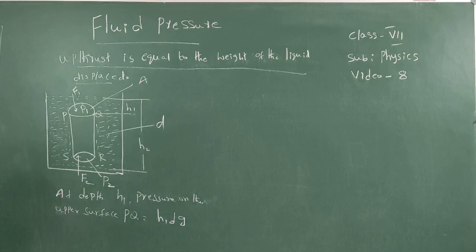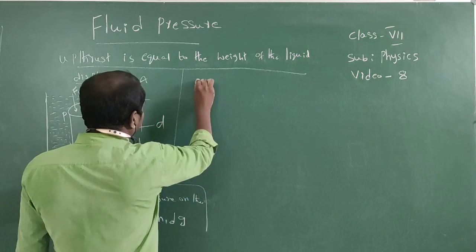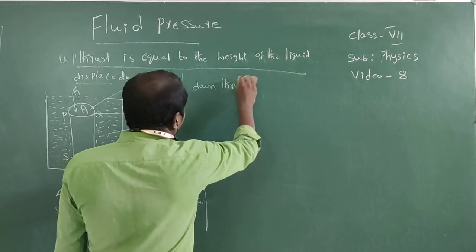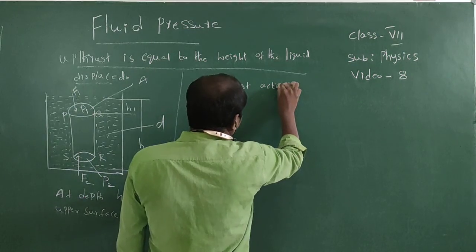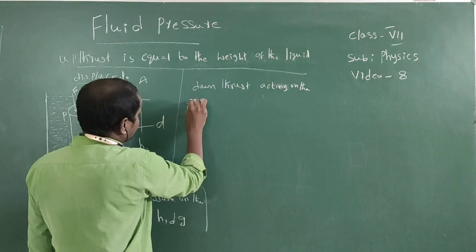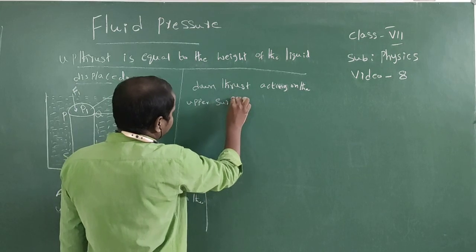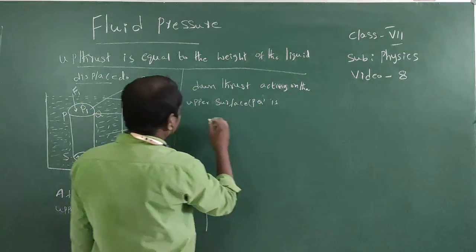Now the downward thrust acting on the upper surface PQ is F1, the force.